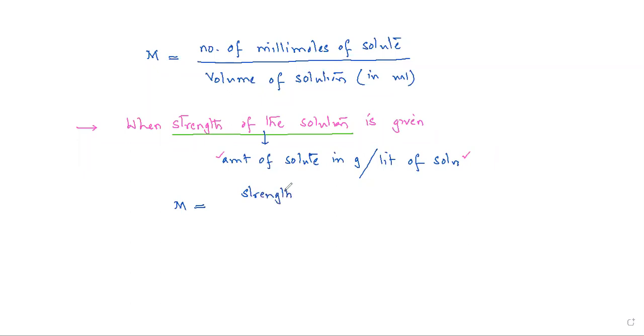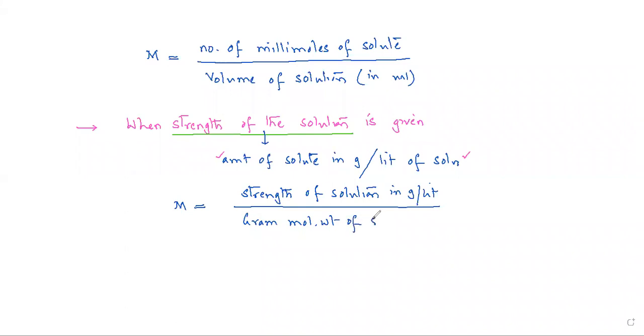Strength of the solution in gram per liter, of course, need not be given because strength itself generally refers to gram per liter, then it's the gram molecular weight of solute. Okay.